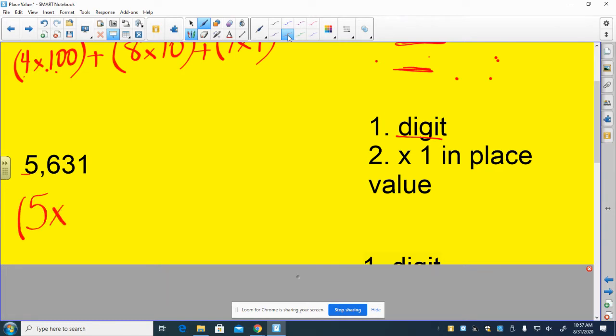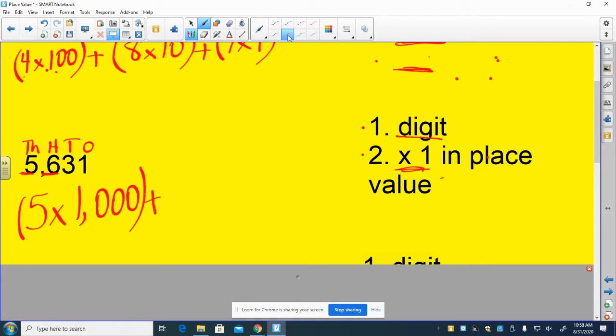Okay, 5 times a 1 in that place value. Well, now I need to figure out what street. Ones, tens, hundreds, thousands. So 5, I need a 5 on 1,000 street. That's going to be 5 times 1,000. Again, these two steps, find the digit and then multiply it by 1 in that place value.